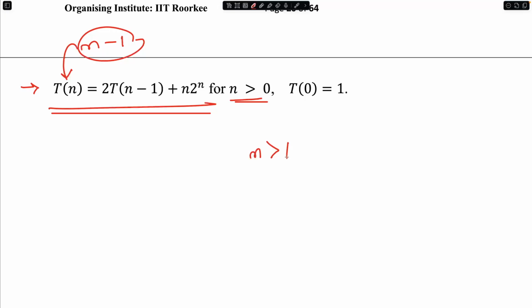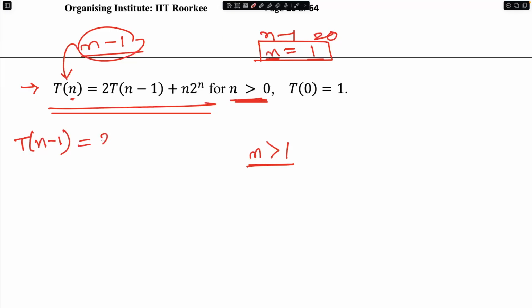Is that actually correct? Because n is greater than 0, n minus 1 equal to 0 gives n equal to 1. So for n equal to 1, n minus 1 is going to become 0, which is why n must be greater than 1. That assumption is correct. So I can take n minus 1 over here and get the variant of it like this, plus n minus 1 to n minus 1, with this assumption.